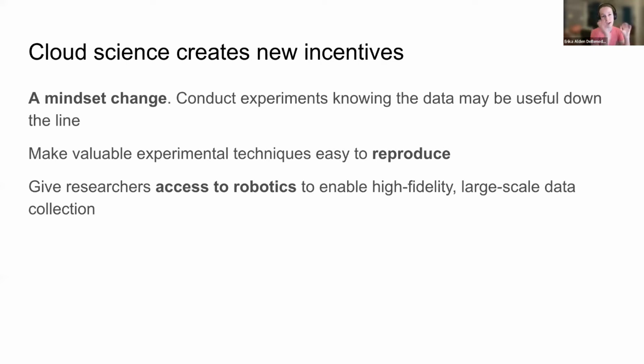So the whole mindset when you're using a cloud lab is really different, right? Because a robot is executing your experiment, everything about how that experiment was conducted is written down, and you get a ton of metadata about exactly what happened. And also because all the data is in one place, it becomes a heck of a lot easier to reference it later, right?